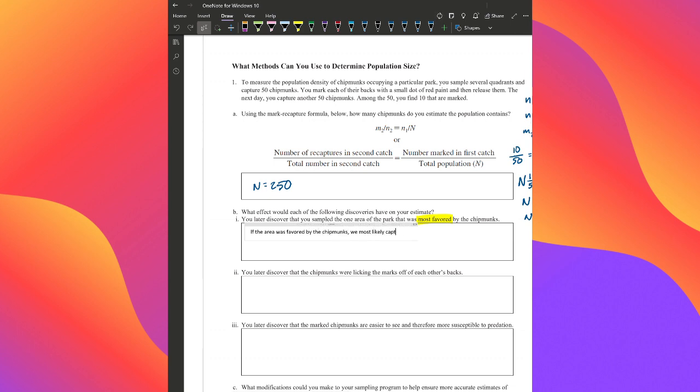Therefore, our estimate is probably too large, or larger than the actual population.